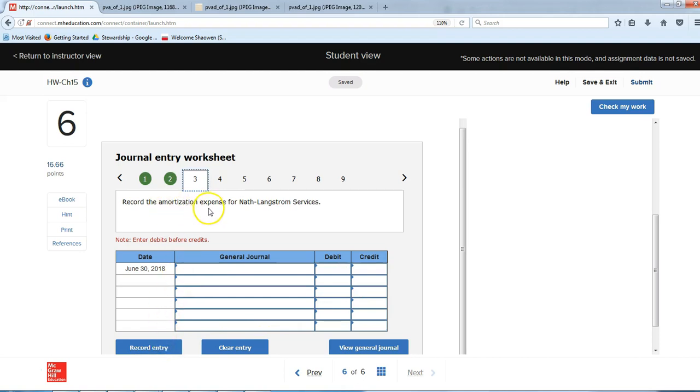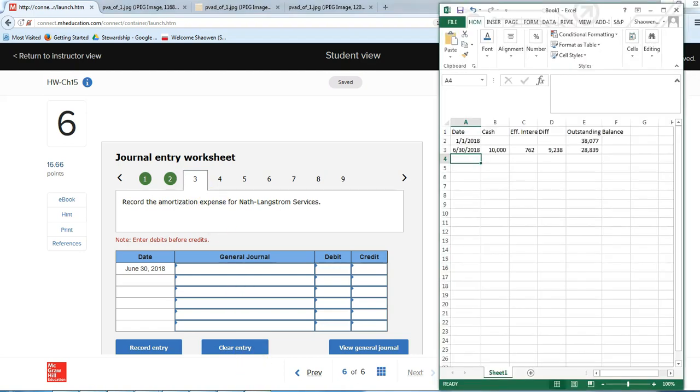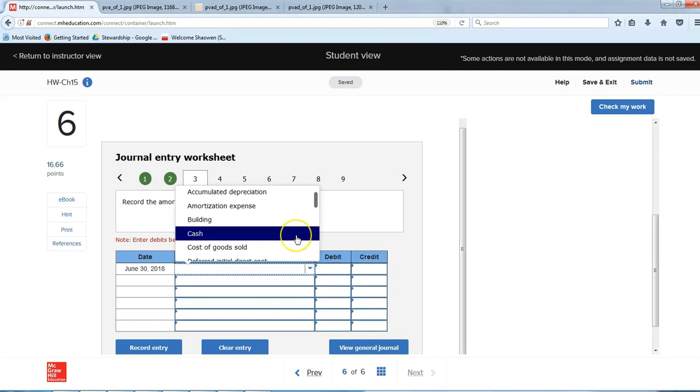And then amortization expense for this right of use. Since this is an operating lease, on June 30th, the amount we reduce lease payable will be used to amortize the right of use asset.